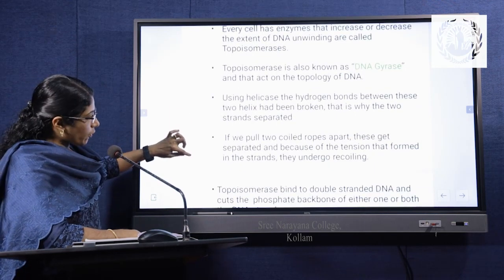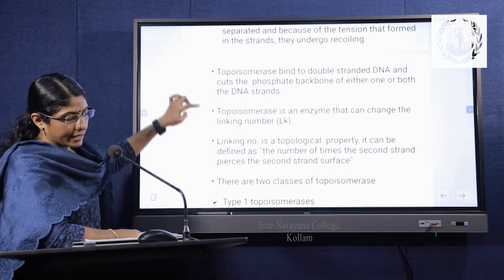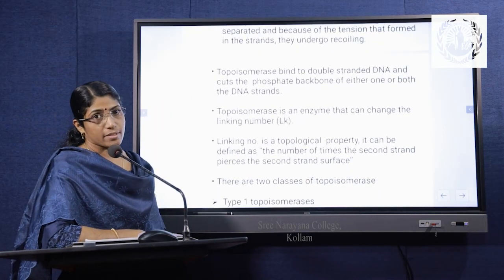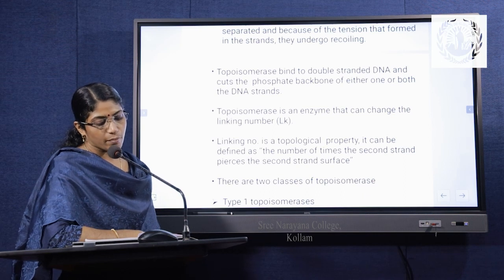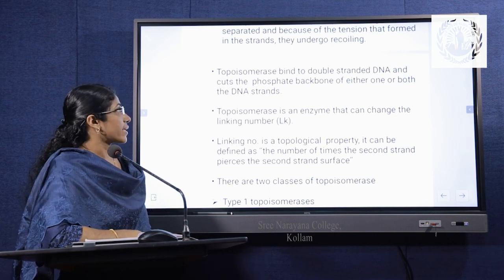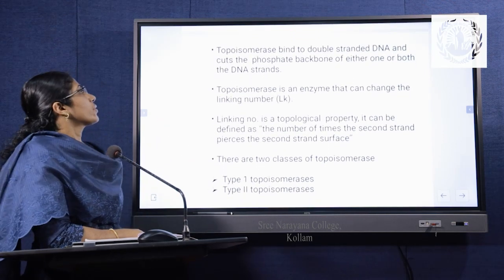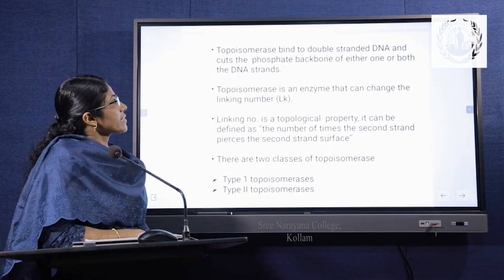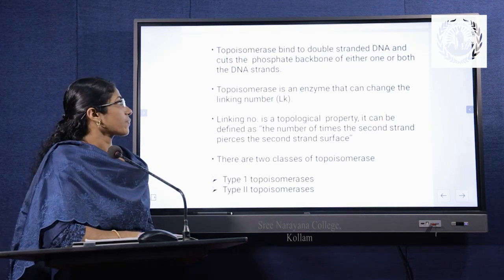So, the job of topoisomerase is to release the tension. The main role of topoisomerase is to remove the tension from the individual strands. Topoisomerase binds to the double-stranded DNA and cuts the phosphate backbone of either one or both of the DNA strands.